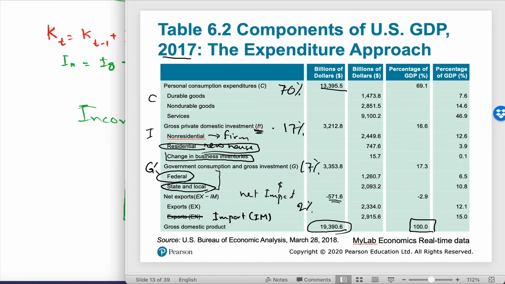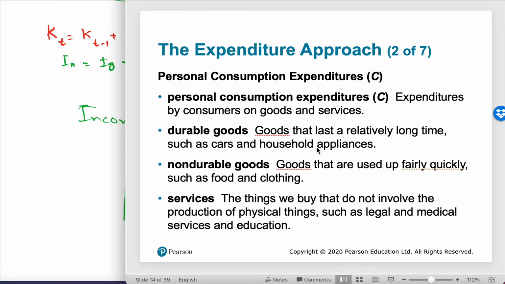So in the US, services are about 50% of the total consumption expenditure. So you play with it, and this is basically the way the expenditure approach is measured. There are several questions, and the definitions are put here: durable goods, non-durable goods, services.